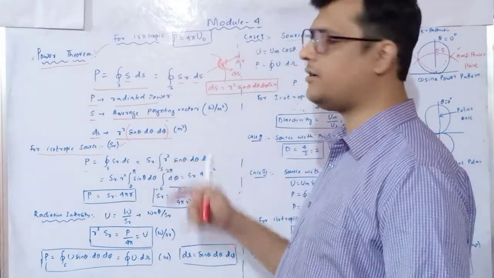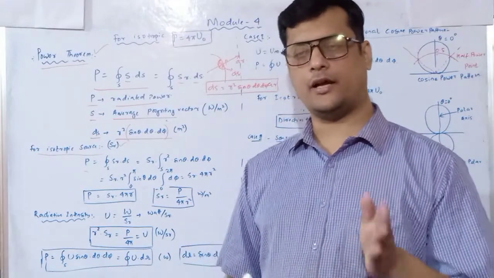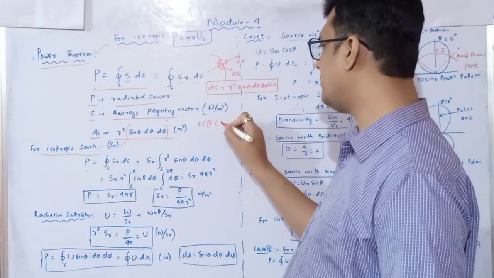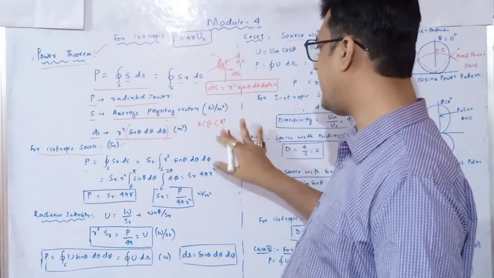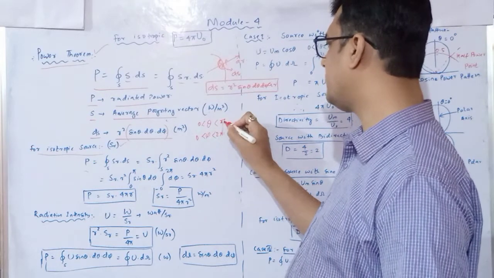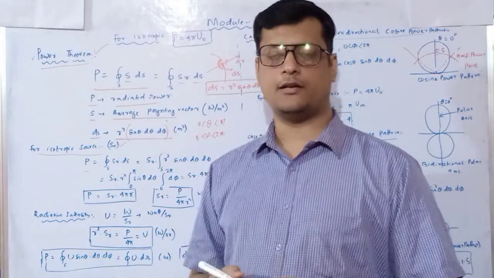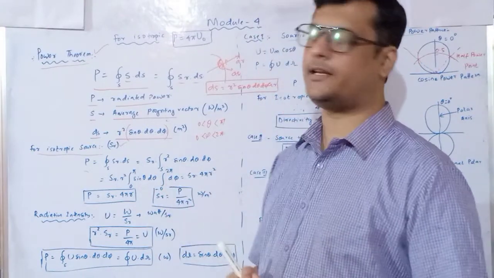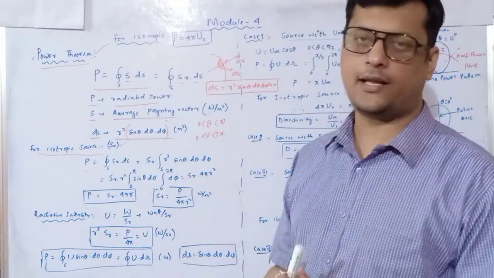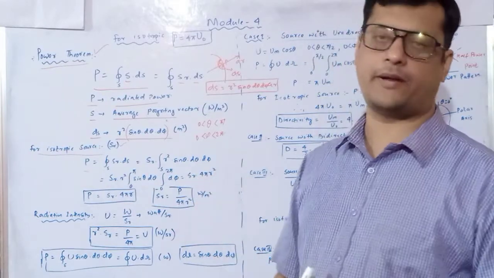If you put the range of theta from 0 to pi, and phi from 0 to 2 pi, covering all directions, and integrate, you will get 4 pi. So the total power is equal to S_R into 4 pi r square.